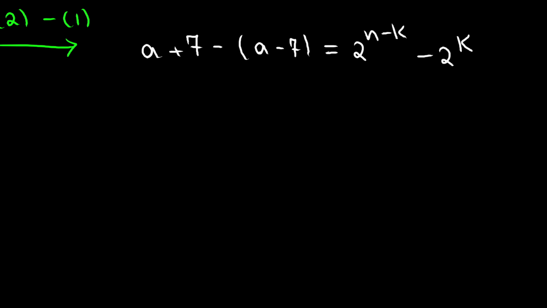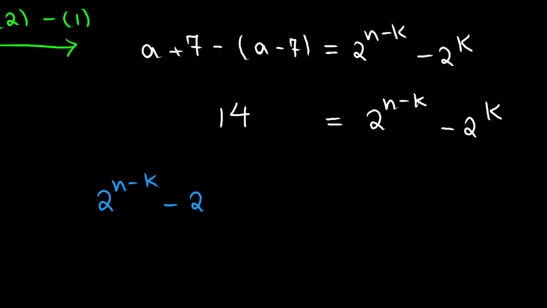So we will have 14 on the left-hand side equals 2 to the power of n minus k minus 2 to the power of k. So we can say that 2 to the power of n minus k minus 2 to the power of k is something positive. Therefore, 2 to the power of n minus k is greater than 2 to the power of k.